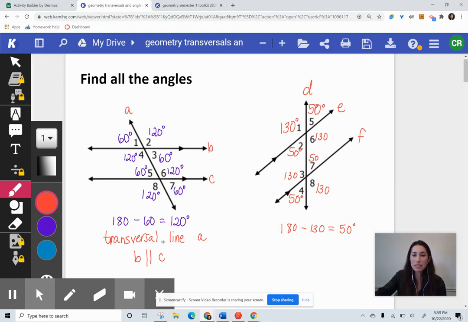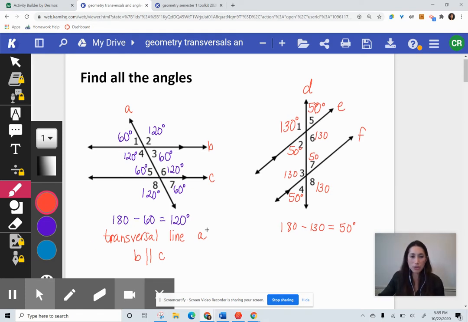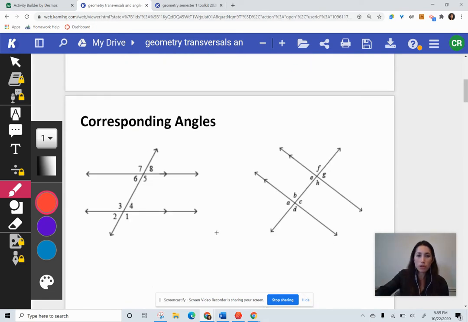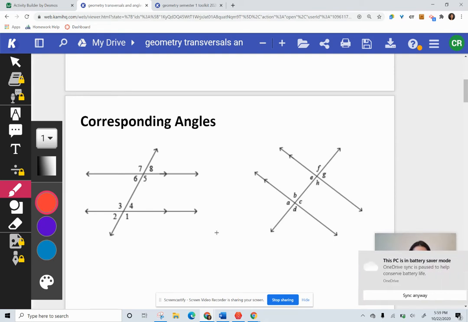Okay, now what I'd like to do is let's go ahead and review each of those angle relationships a little bit further. So we've got our corresponding angles. So remember, those are angles that are in the same relative position.